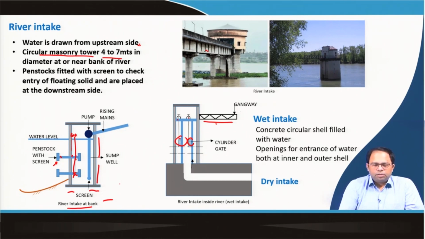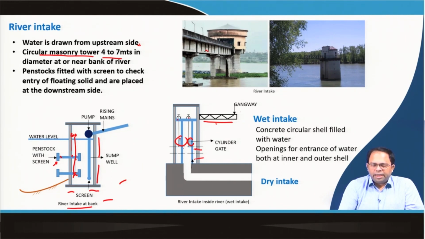In addition to this kind of river intake, we also have other structures. This is a wet intake, where we have two cylinders. The outer cylinder is the one from where the water enters, and we can control the entry of water from there.